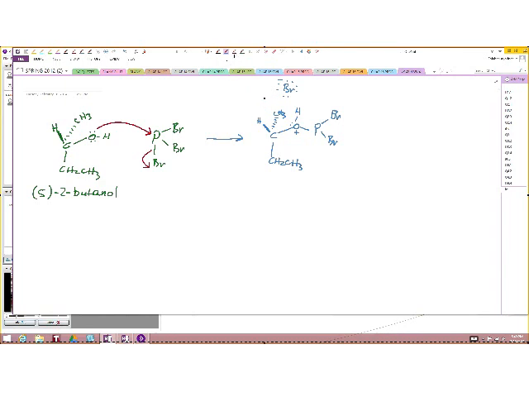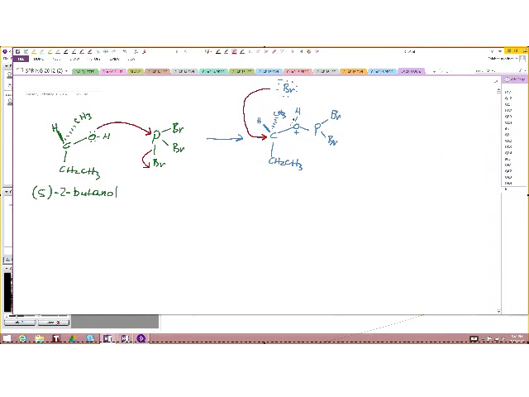Now, what is going to happen? This bromide now comes here and attacks this carbon from the back in an SN2 reaction. And that is why this reaction only occurs with a primary or a secondary substrate, in other words, a primary alcohol or a secondary alcohol.